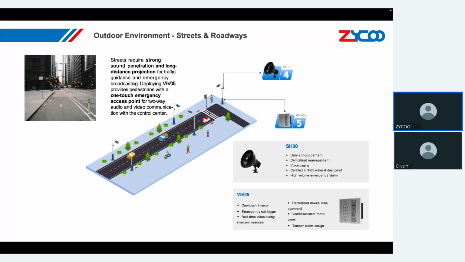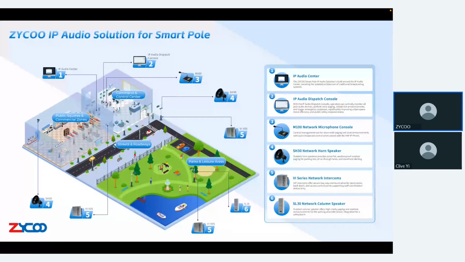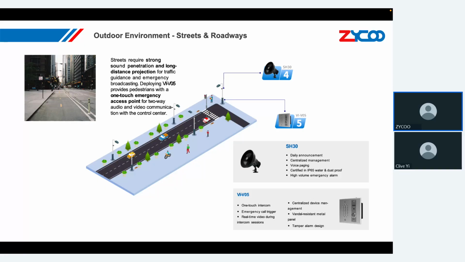Okay, so for streets and roadways, this place is usually very noisy. That's why strong sound penetration and long distance projection is needed. And usually it can be used for traffic guidance and emergency broadcasting. So that's why we recommend the SH30 horn speaker, because its maximum SPL is higher than other speakers.